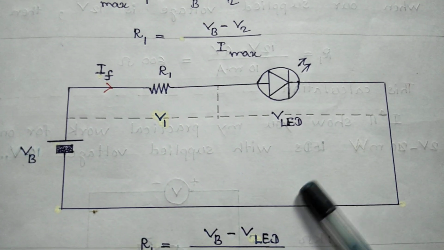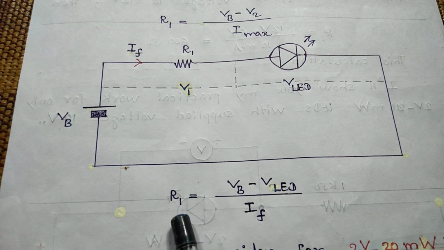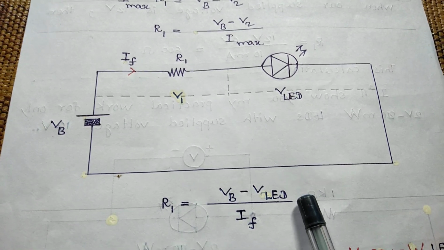So if we find the value of the series resistor R1, we have R1 equal to VB minus VLED divided by IF.